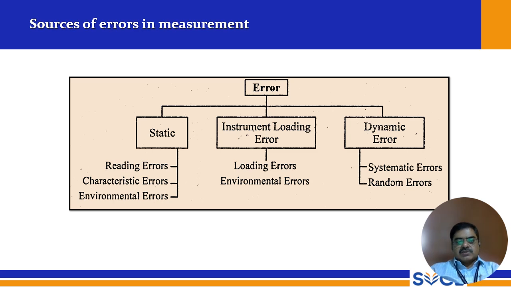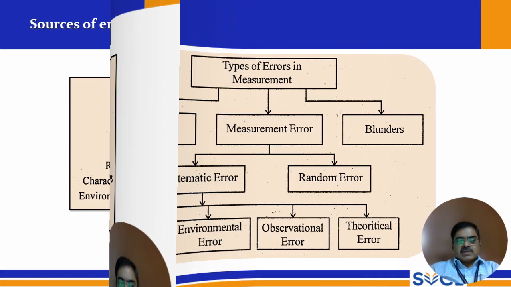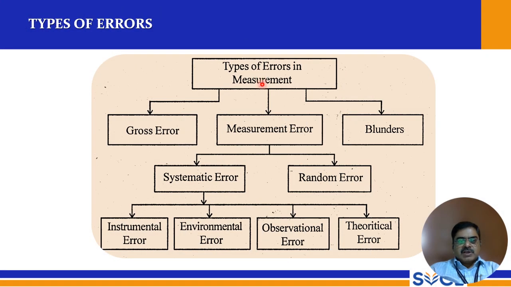Apart from this, we have one more classification: types of errors in measurement: gross error, measurement error, blunders. Measurement errors are classified into two groups: systematic error and random error. Systematic errors are of four types: instrumental error, environmental error, observational error, and theoretical error. So these are the classification of errors.